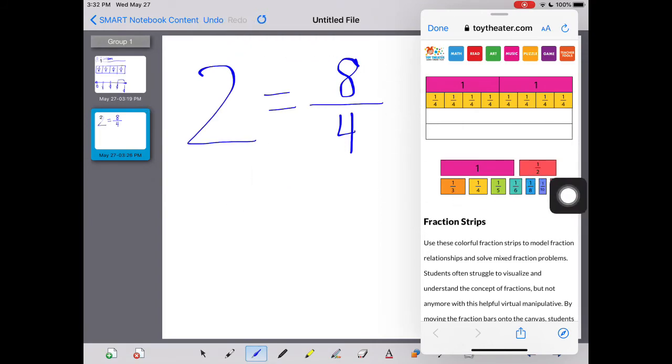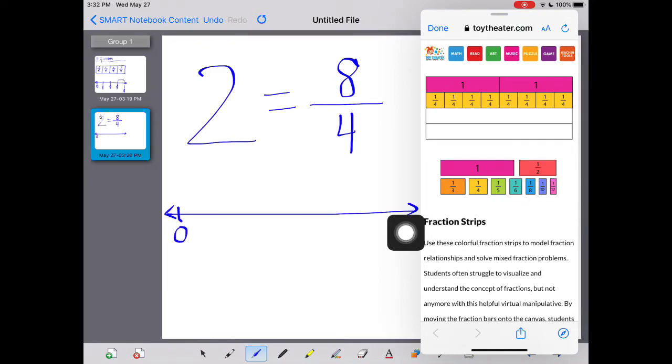Now, how does this show on a number line? Like this. We start with 0. Now, I can't put 1 here at the end because we have 2. So I'm going to go from here, maybe I'm going to go to here and say this represents one whole. So this whole thing here is 1. And then I'll go to the end and say 2.